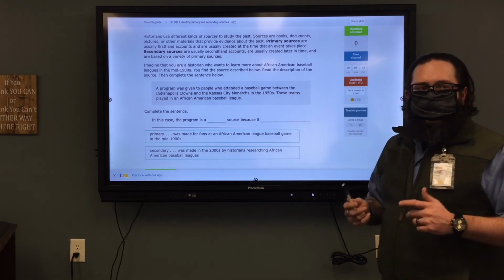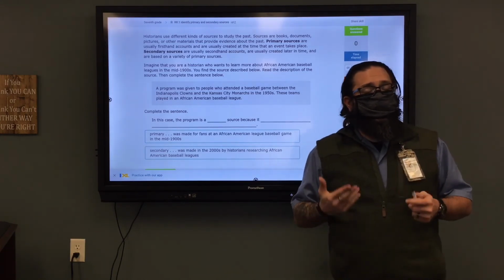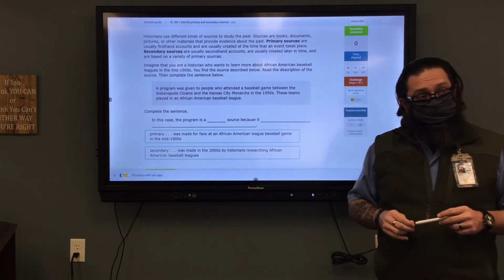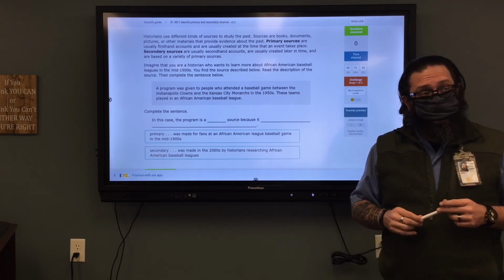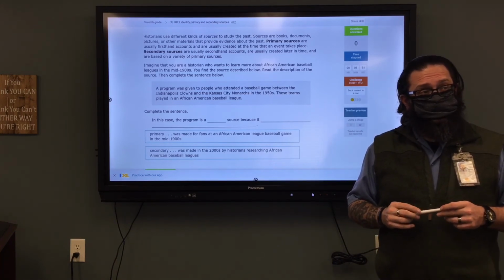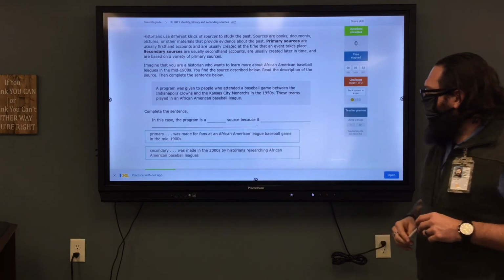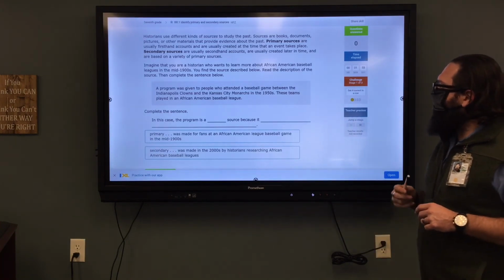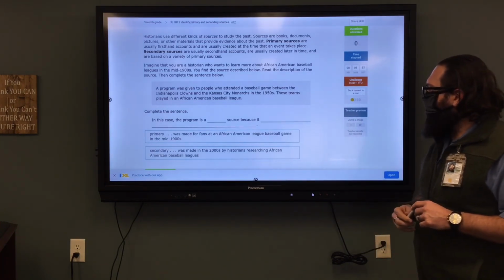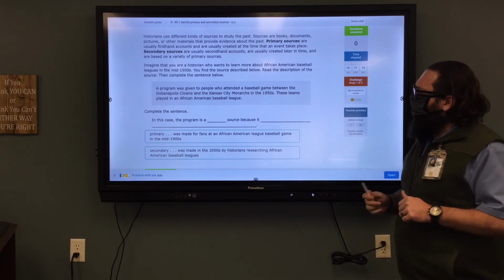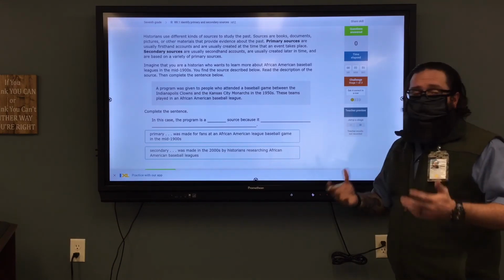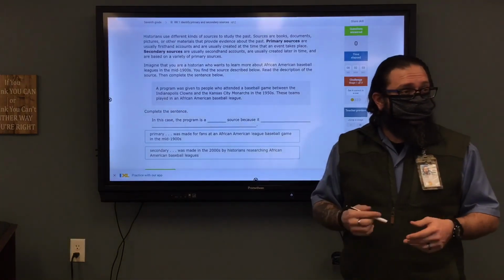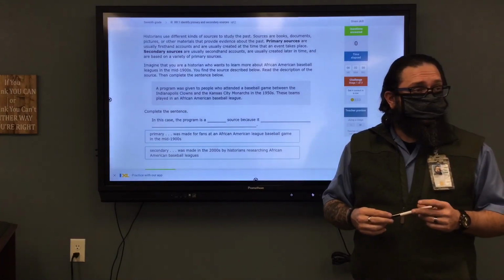To help us determine this, when was the program created? Okay, so it was created in the 1950s. What is the purpose of the program? It's for a baseball game?